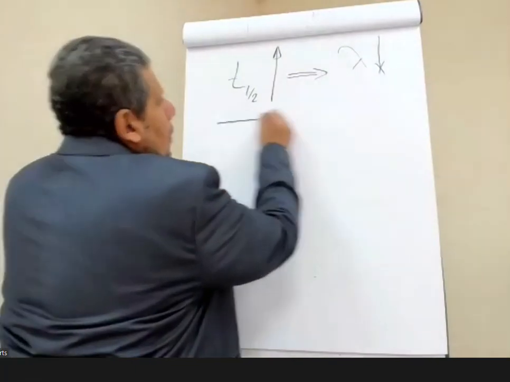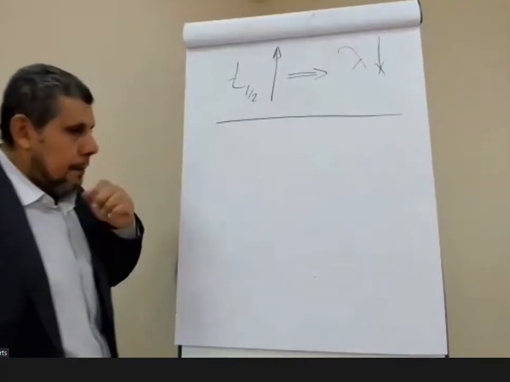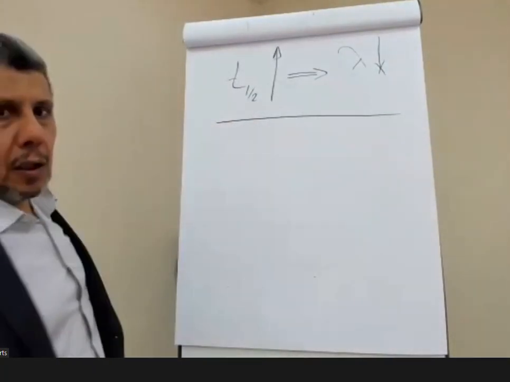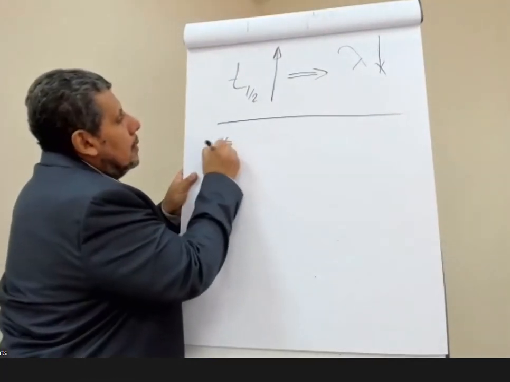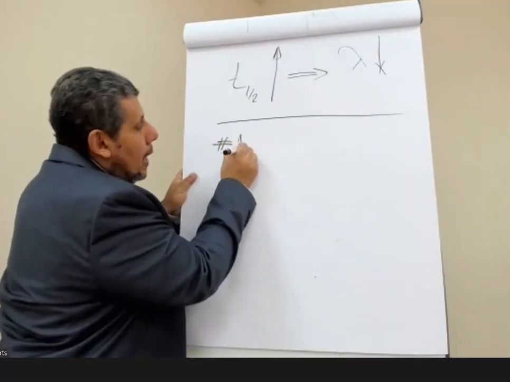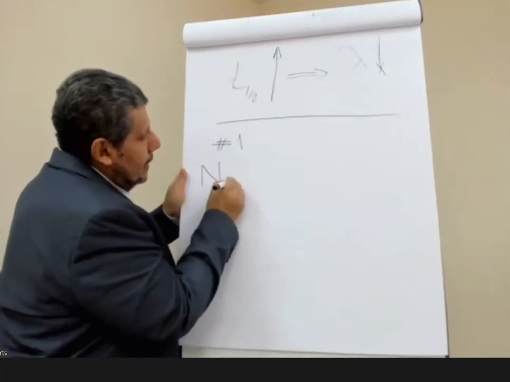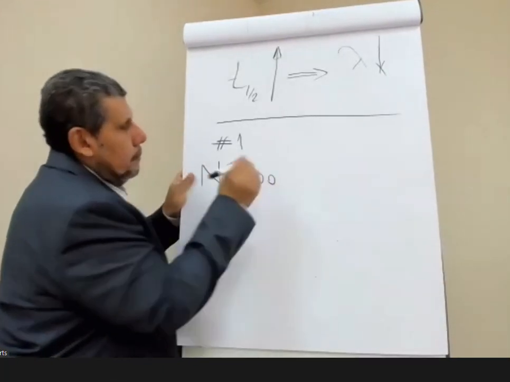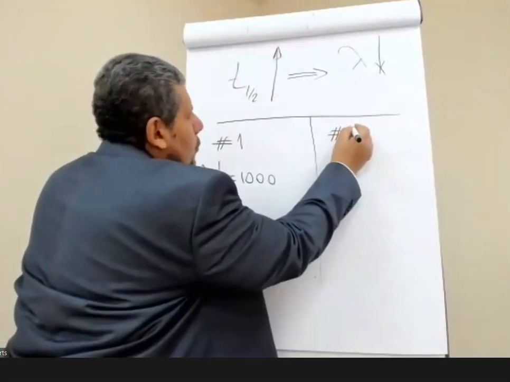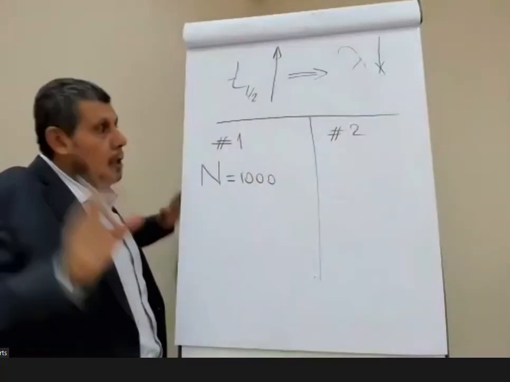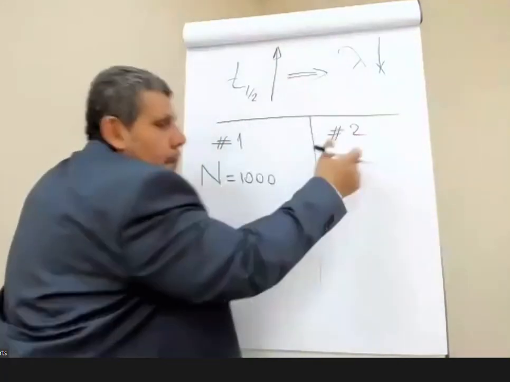Okay. Before going to the example, let's do this exercise. I have source number 1 with number of atoms equal to 1,000, and I have source number 2. Different sources.